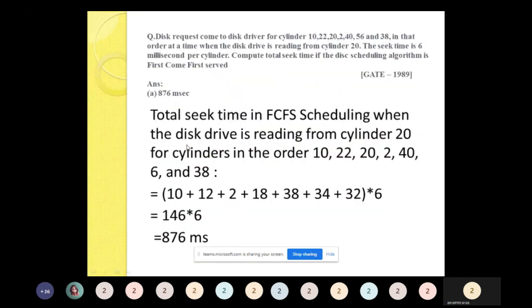Next, let's read out the question clearly.